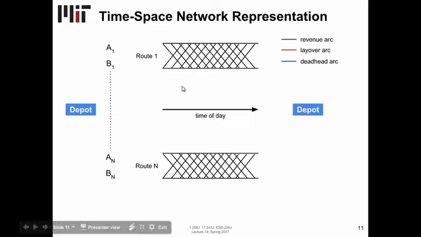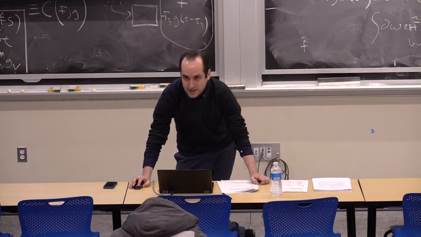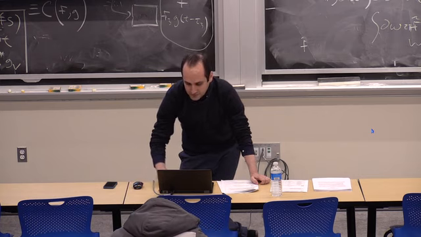Then, in this problem, we have only one depot. There are two nodes here represented as depot, but it's basically the representation of the depot at the beginning of the day when vehicles pull out, and at the end of the day when vehicles pull in.